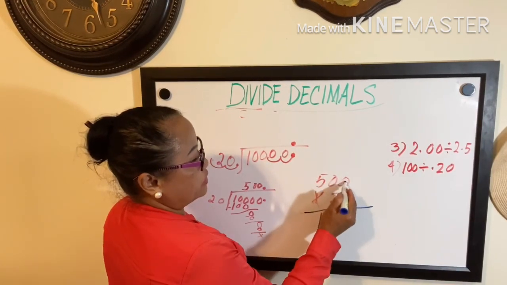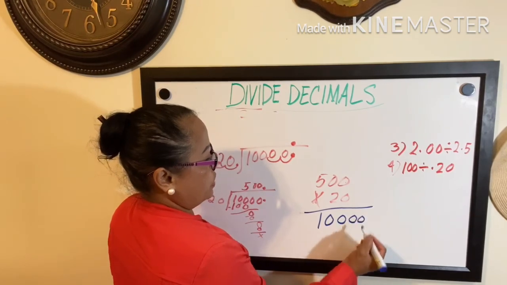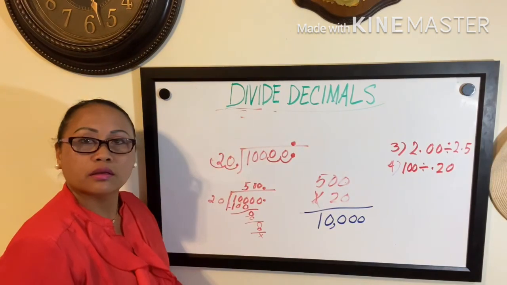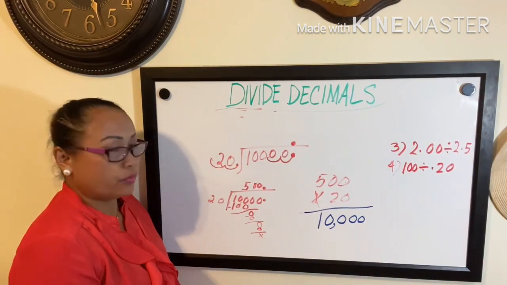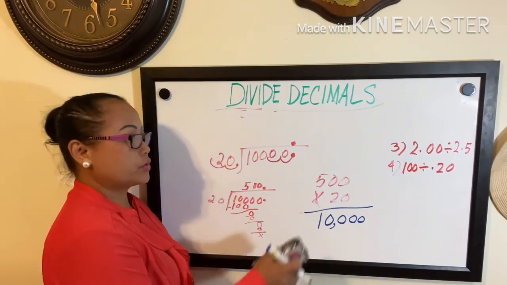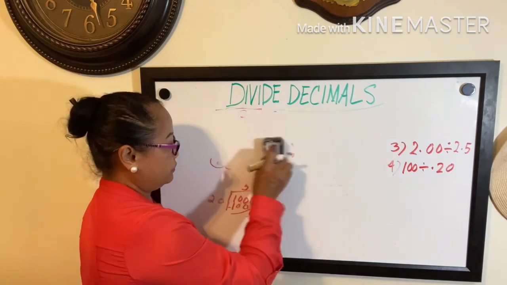And then you add the 3 zeros. 1, 2, 3. 1, 2, 3. So the answer is 10,000. It's just very easy when you multiply a lot of zeros. Okay.